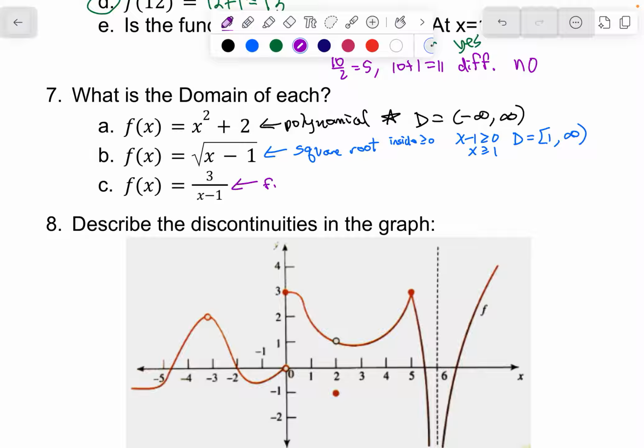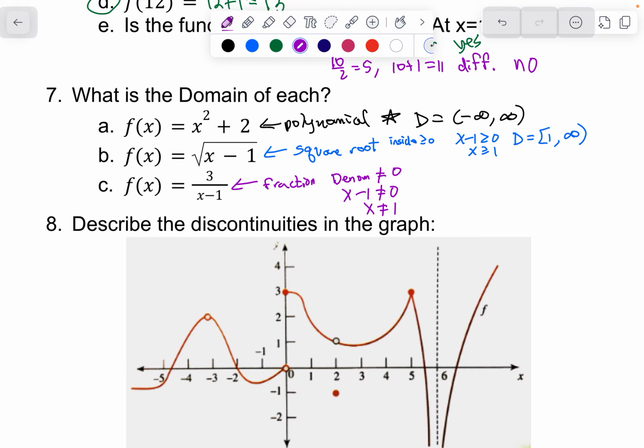For a fraction, this is a rational function. If it's a rational function, the denominator is not allowed to equal 0. So just take that denominator, set it equal to 0 with a slash through it, and solve it to find the x value you're not allowed to equal. If I add 1 to both sides, I get x is not allowed to equal 1.